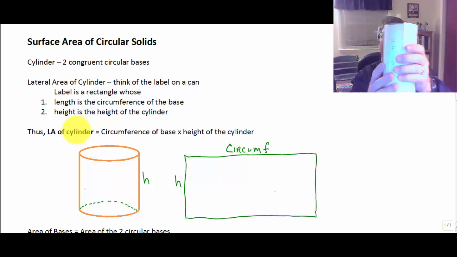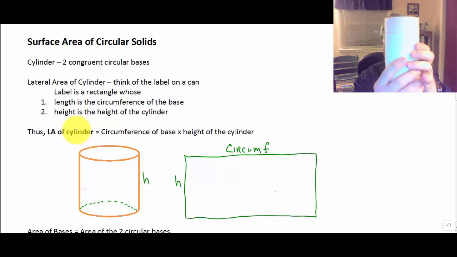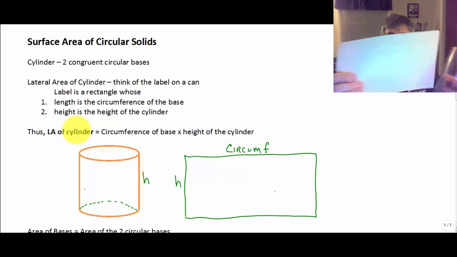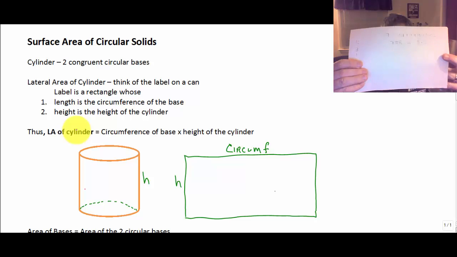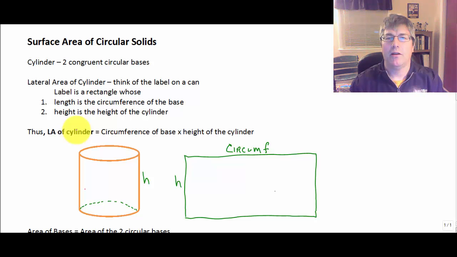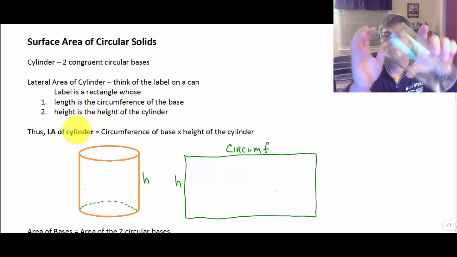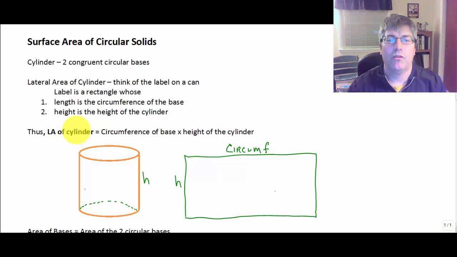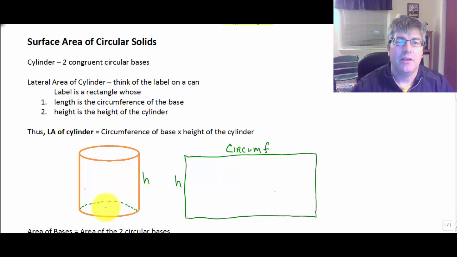If I wrapped a piece of paper around my cylinder and opened it up, that would be the lateral area of my cylinder. And then my circular bases, I would add the area of those to come up with my total area of the cylinder. One thing to keep in mind, though, the lateral area of a cylinder, the formula for that is the circumference times the height of the cylinder.